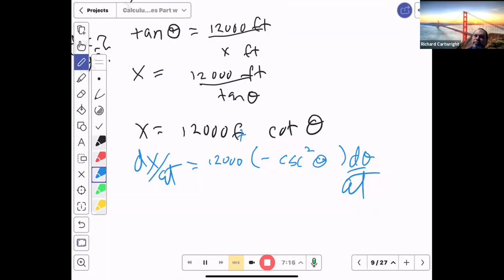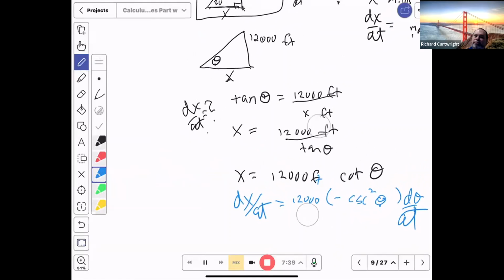So everything is there. I just got to find out what the angle was, and I have to find out what d theta dt is, which I sort of have up there. Also I need a conversion for miles. This is feet. I need to convert that into miles per hour. So let's plug in what I can get first, the angle. Going back to the tangent.